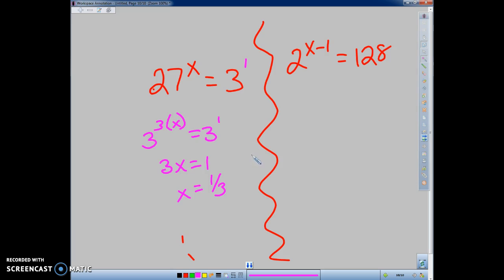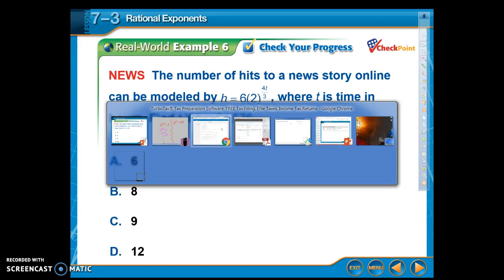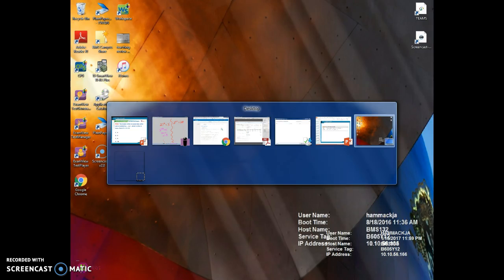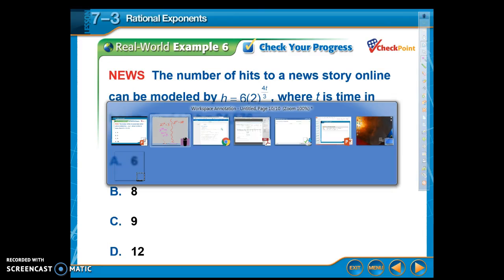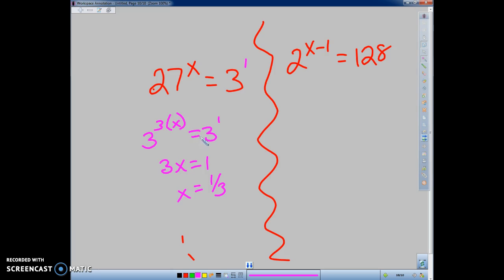So let's check it. Let's see if 27 to the 1/3 equals 3. Looking for my calculator, and I don't see it, so we won't use that. Sorry about that. It works out. I'm fairly certain that 1/3 works.